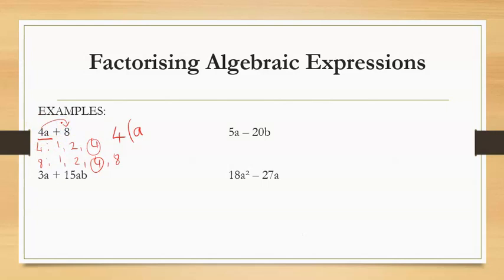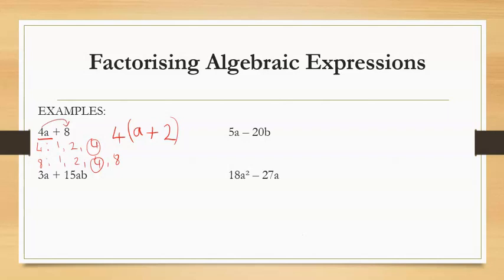Well, 4 times 2 is 8, so you write the 2 there and close the brackets. The sign in the middle: you've got a positive 4 and a positive 8, so 2 positives together means this will also be a positive. So 4 open brackets a, add 2, close brackets is 4a, add 8 factorised.